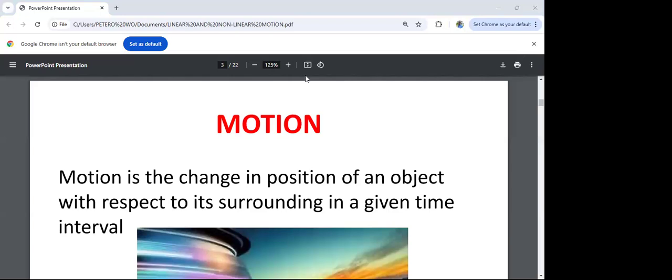Okay, thank you, Irina. They are telling us that motion is the change in position, first of all. And when the position changes, we see this change with respect to what is surrounding you. For example, if we are to describe your motion from your home to somewhere else, it means that you are going to move from your home.